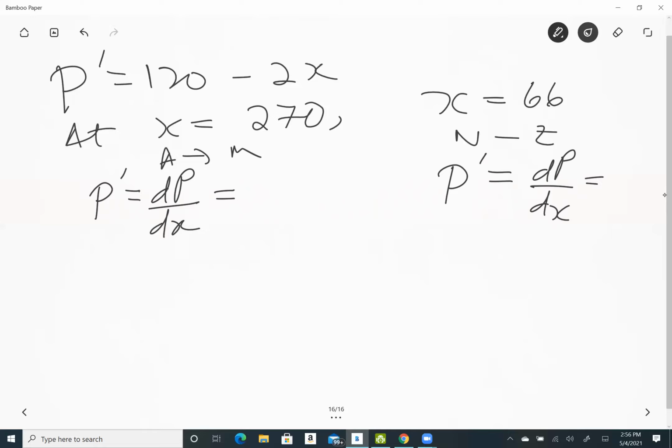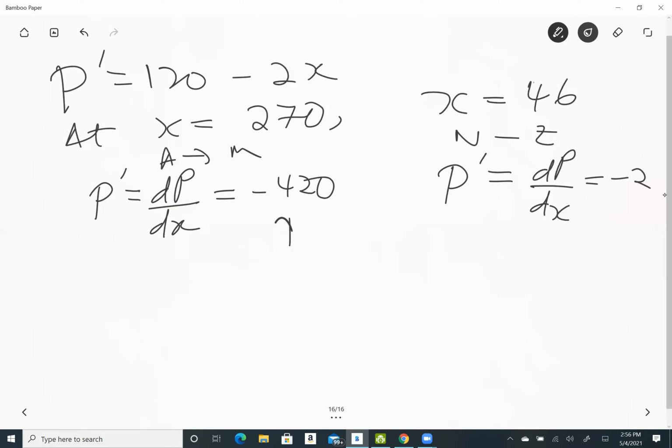I got the P prime is -2, sir. For which one? For x at 66. 66 gives -2. And at 270, it is minus 420. Since that is negative, I want something positive, so change the number. Make it 46.